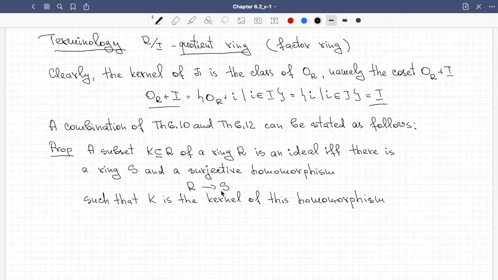So we can always find a ring so that the homomorphism is surjective. If the initial one was not, with the same kernel, we take the homomorphism to the image, which is a subring, and now it is definitely surjective.